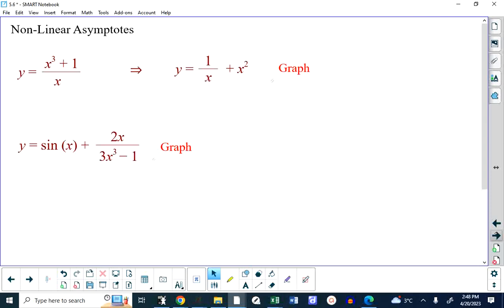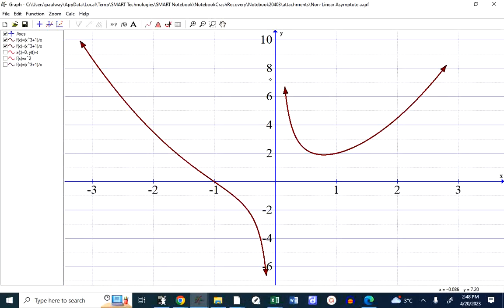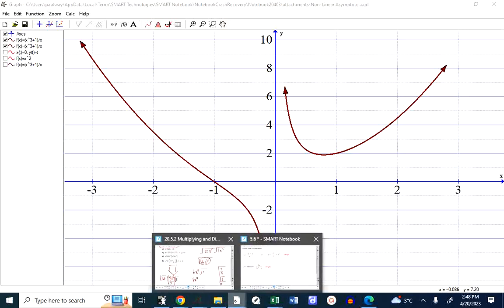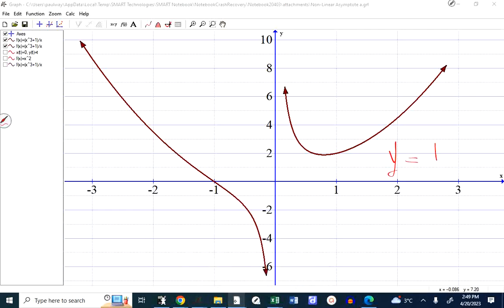So let's look at the graph of this. That's the graph of y equals 1 over x plus x squared. 1 over x approaches 0 as x approaches infinity, so y will approach x squared.